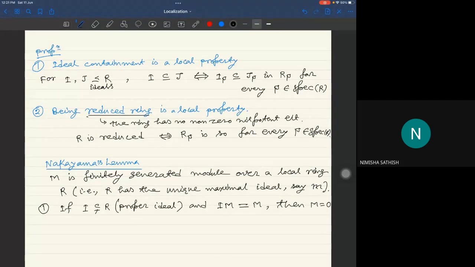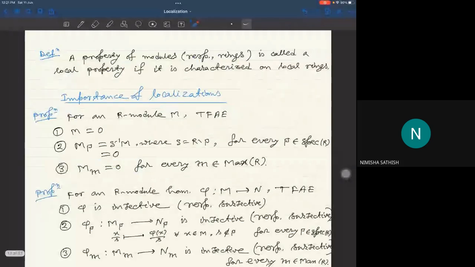In many cases we need to verify whether a certain module is 0 or not. Over a local ring we can use this lemma to verify that, and because of this proposition we can reduce to the local case.